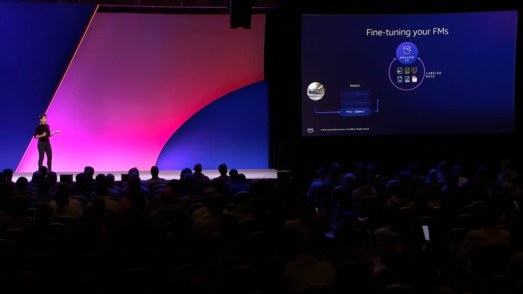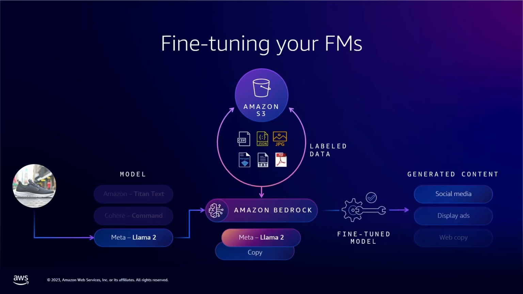What's interesting about fine-tuning is that you can not only specialize the model to your domain, to your context, but you can specialize it to your tone or your style through that sample data set. So when you're fine-tuning, you're providing examples that not only set the domain context, but also the style that you want to inject in your customized model.